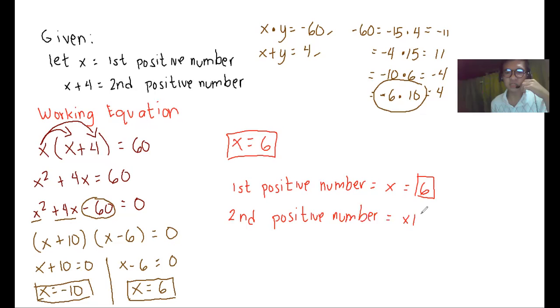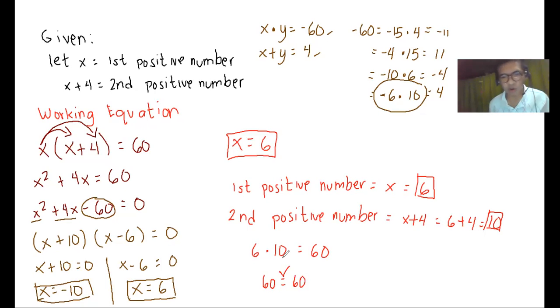Substituting x with 6, 6 plus 4 is 10. By checking, 6 times 10 is equal to 60. 60 equals 60, so that is correct. 10 is 4 more than 6, and both of them are positive. So our answer is 6 and 10 for number 2 problem.